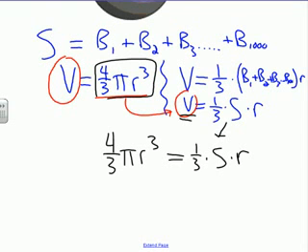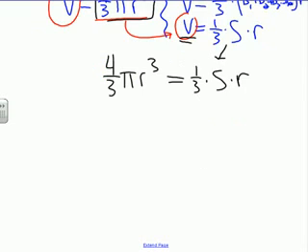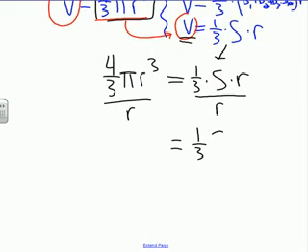If I want to solve for S, where S stands for surface area, I need some algebra. To get S by itself, I'm going to divide this side by r and this side by r. That leaves me with 1/3 S on the right-hand side.